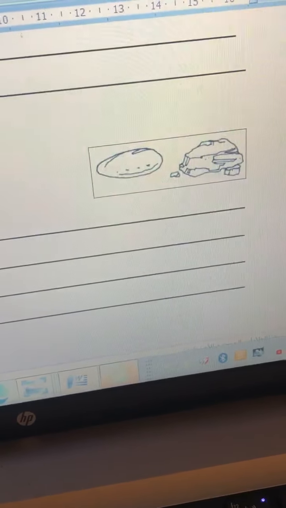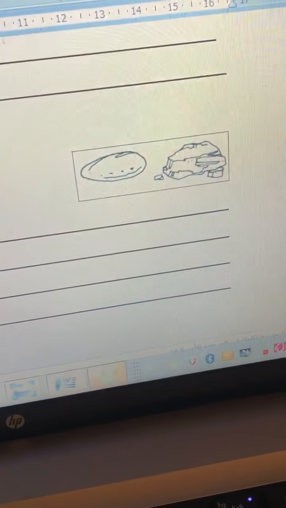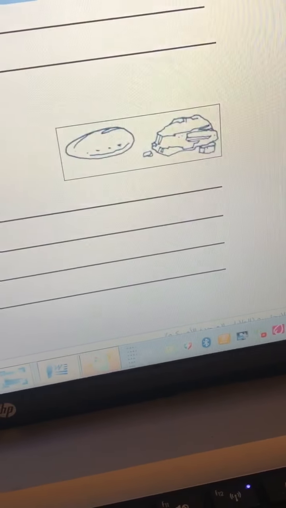So we use a hand lens to observe features. And last tool, we can use a magnet. We can use a magnet to see if it's magnetic, if it has certain metals.